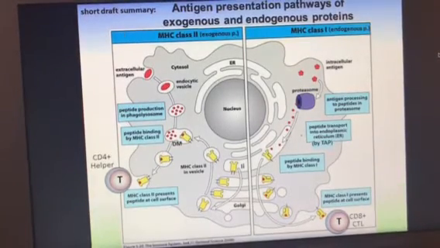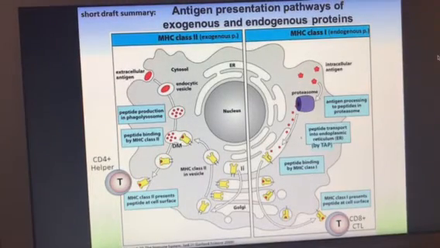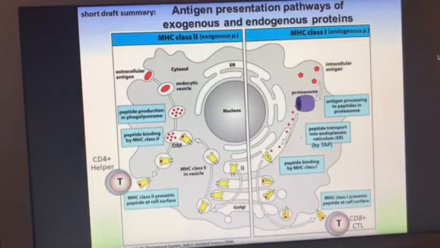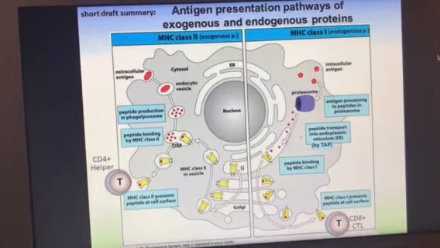So, beginning with exogenous antigen, the majority of antigens are exogenous. These exogenous antigens enter the body via infectious agents such as bacteria, viruses, fungi, protozoa, things of that nature.